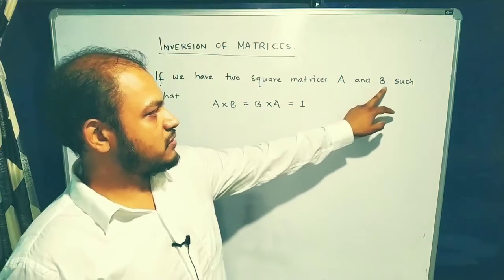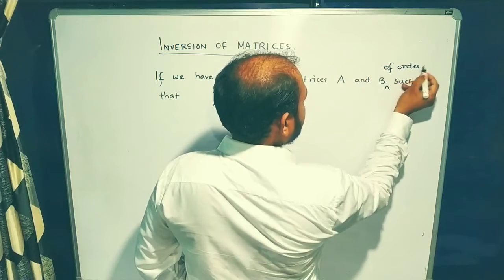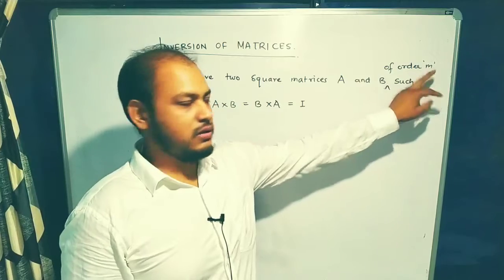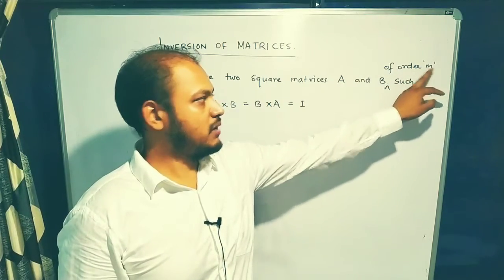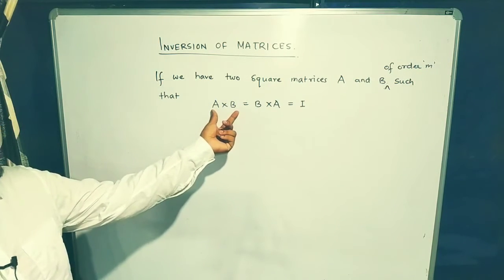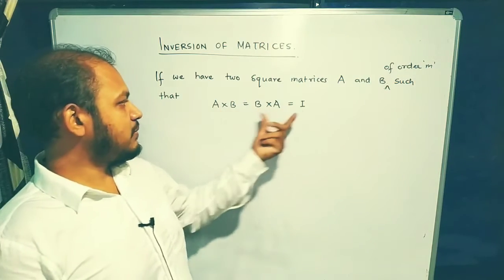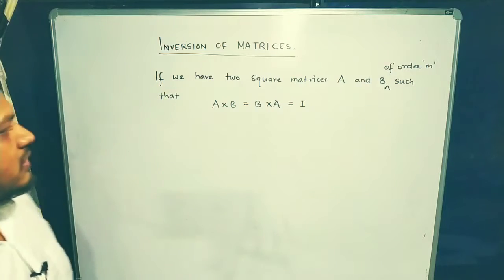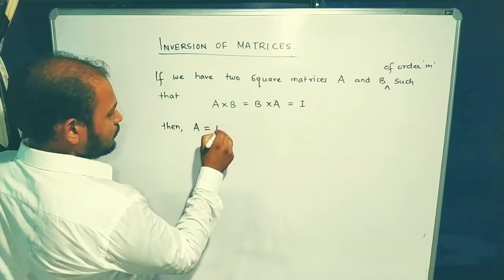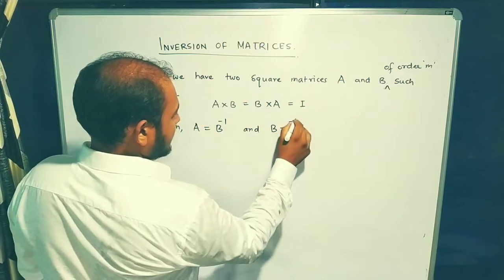A must be a square matrix and B must be a square matrix of the same order M. Suppose A is a square matrix of order M, B is also a square matrix of order M, and if you multiply A and B together, it is the same as multiplying B and A together, and the product becomes equal to I, then in that case A we call B inverse and B we call A inverse.